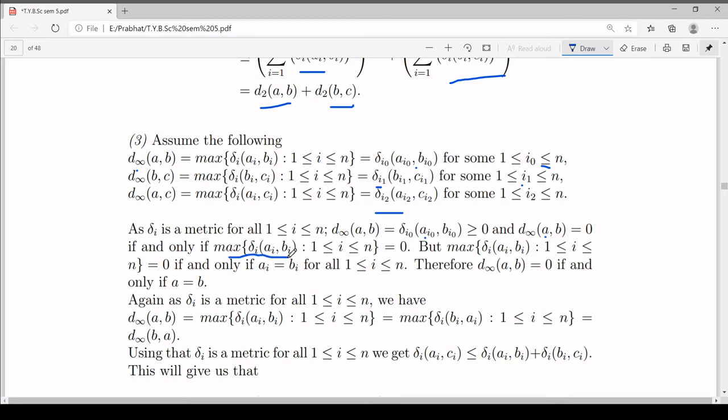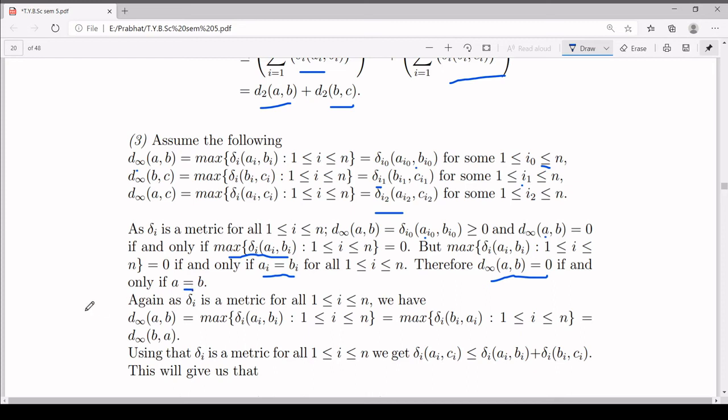That means if the maximum of delta_i(a_i, b_i) is 0, and all the delta_i's are metrics, so they are always greater than or equal to 0, then if the maximum is equal to 0, all other delta_i's have to be 0, and that will prove that each a_i is equal to b_i. Therefore, you can conclude d infinity of AB is 0 if and only if each a_i is equal to b_i, that is if and only if A is equal to B.